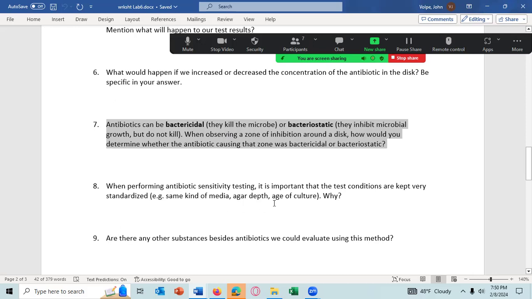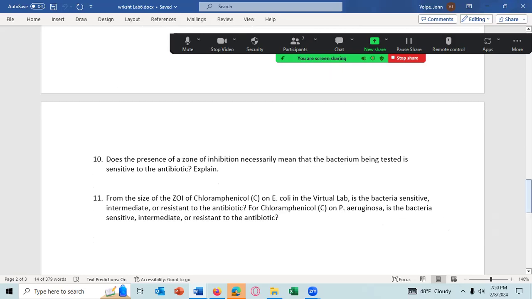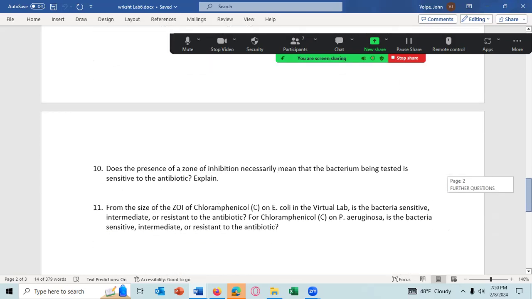We always have the same age of the culture, etc. Why do we do that? 9, are there any other substances besides antibiotics we could evaluate using this method? And this is a little bit of a thinking question, but this one you can get an answer by looking it up in the lab module. So it's not that big of a thinking question.